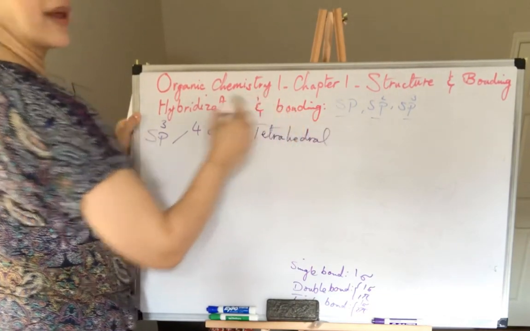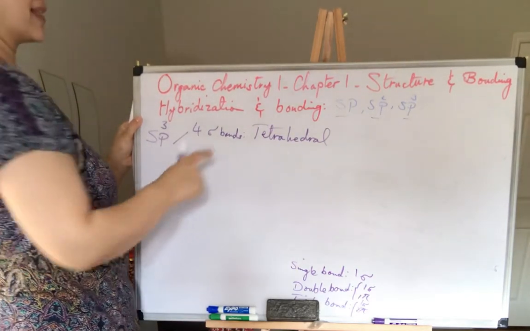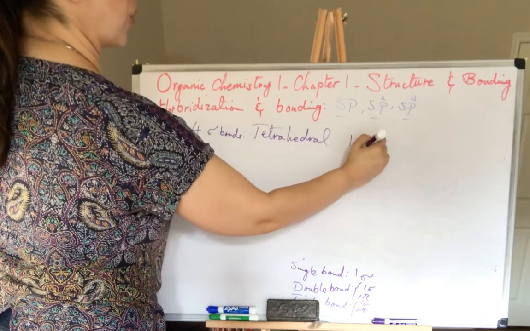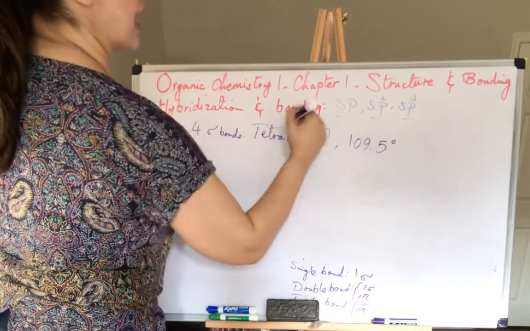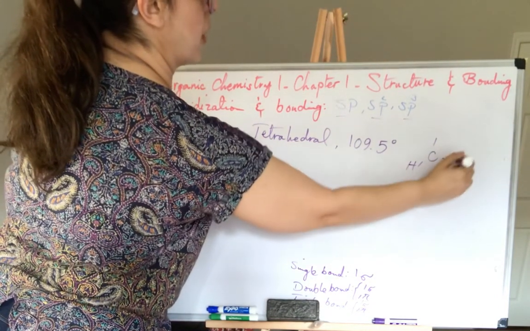They're all again from chemistry 1. So if you have 4 sigma bonds, the shape is tetrahedral and the bonding angles are 109.5. And the example I told you, it was CH4 molecule.